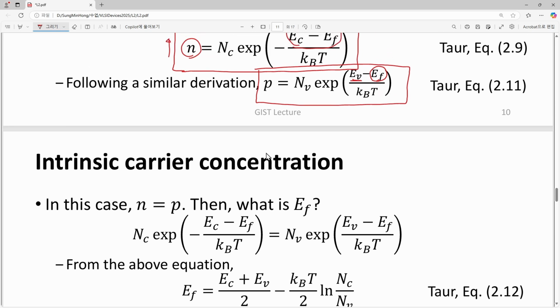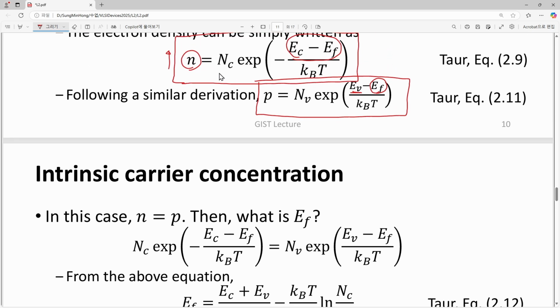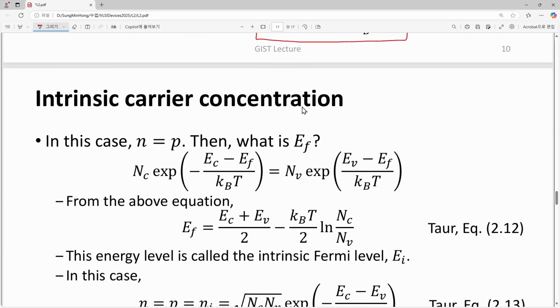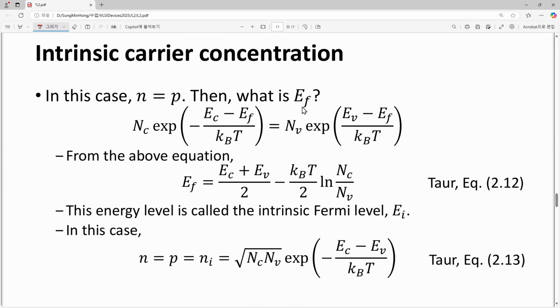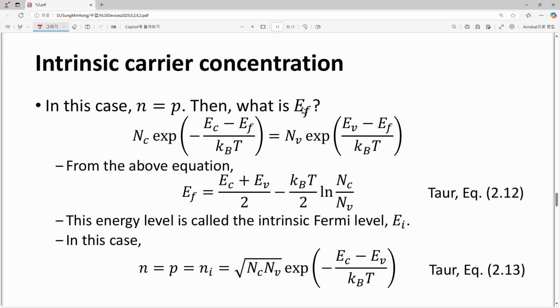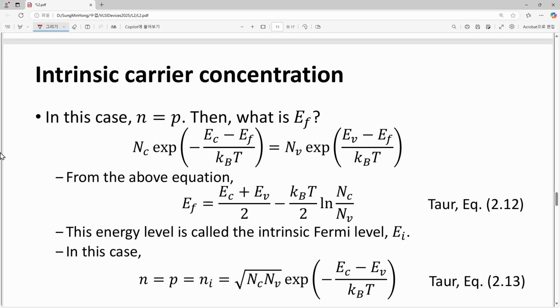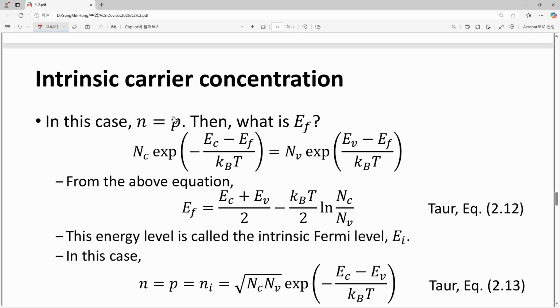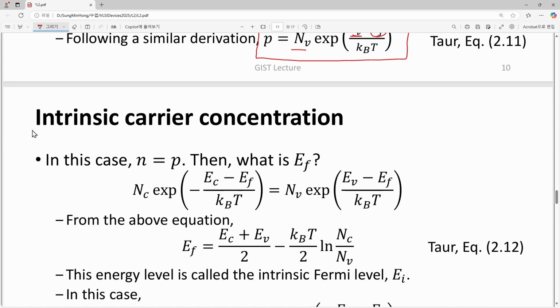Okay, but here you can see that NC and NV can be converted into one single quantity called ni. So in this case, let's consider the intrinsic case. Intrinsic has many different meanings in many different contexts, but in this case, intrinsic means that we don't have any defects or impurities in our silicon material.